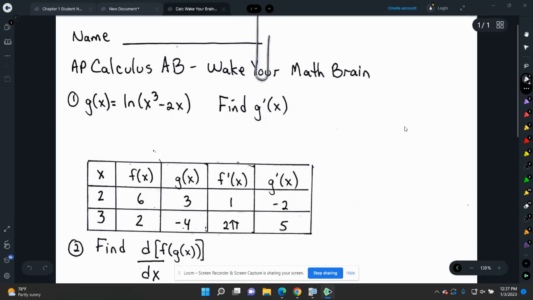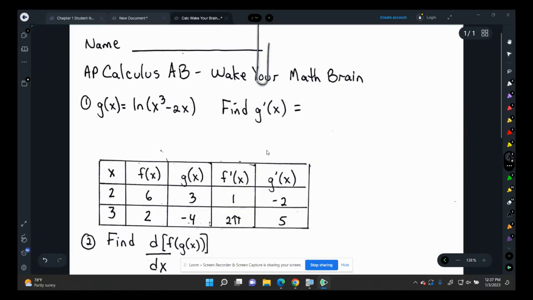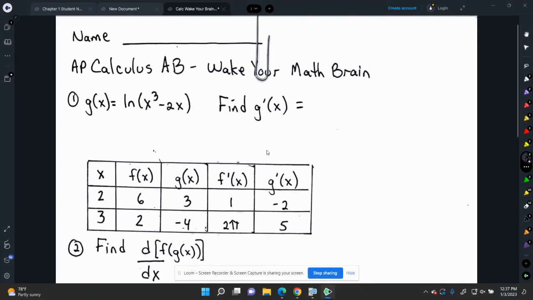Let's do number 1. That's probably the one that gave you the least trouble. Right? So G prime. So we're looking at the derivative of the natural log, right? The derivative of natural log of u is 1 over u du.